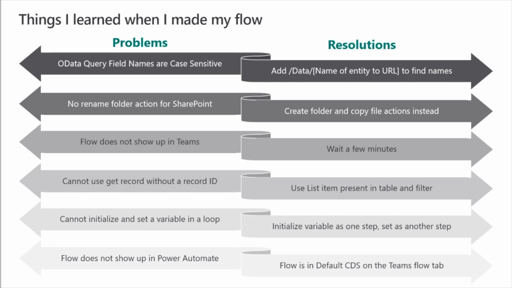When you make a flow from a team site, it will always put that into your default CDS environment. And your default CDS environment might have been renamed. In my case, it's been renamed to personal productivity. And it is actually a best practice to rename that default CDS. So you'll have to switch to whichever environment is your default and click on the Teams tab to see those.